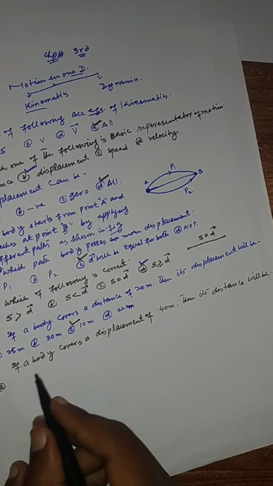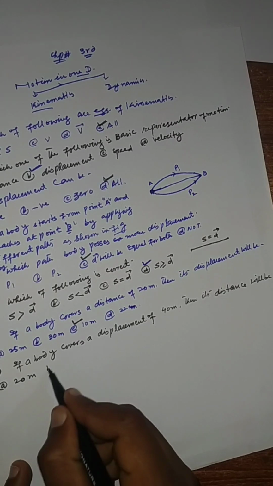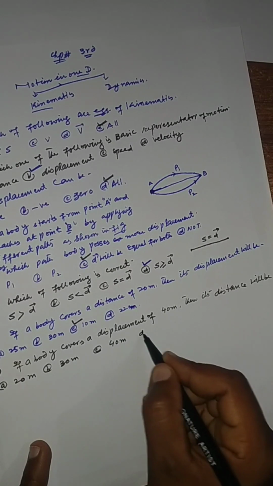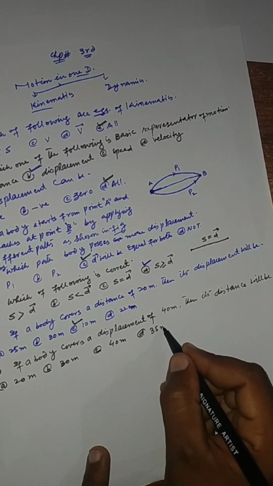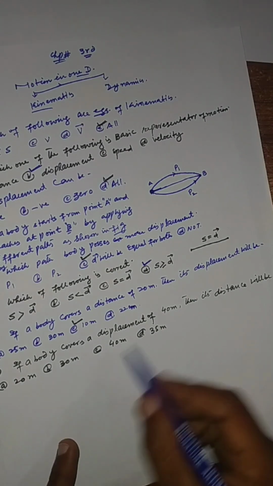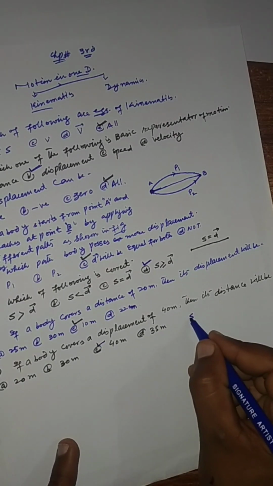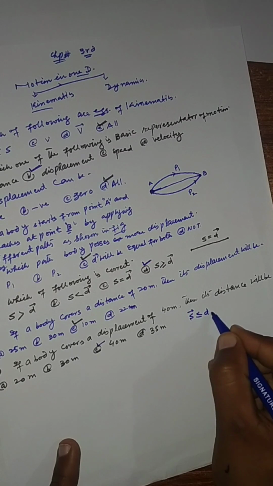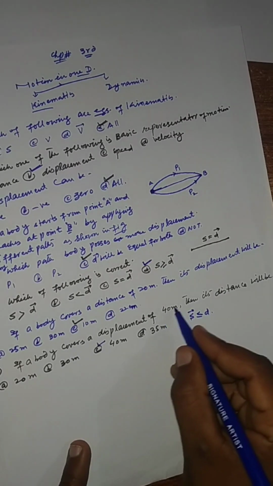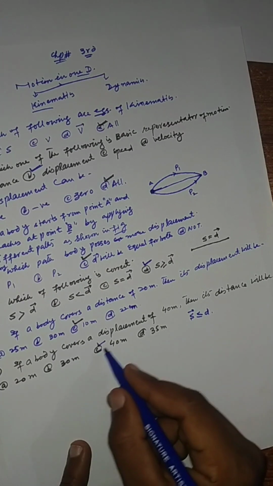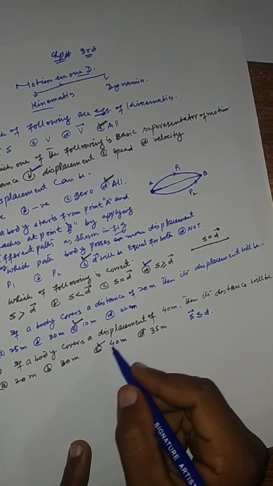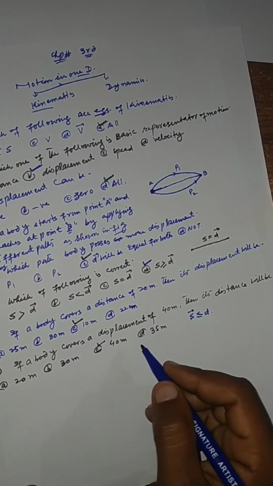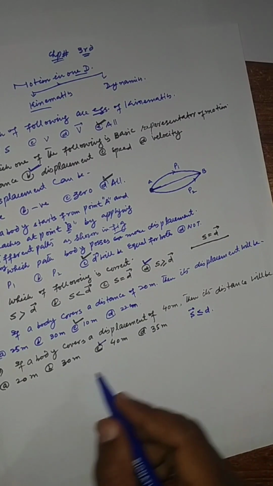Let's say distance will be 20 meter, 30 meter, 40 meter, or 35 meter. Then the correct option will be 40 meter, because displacement can be less than or equal to distance. So displacement is 40, so distance will be equal to it, because distance can never be less than displacement. So that's why the correct answer will be 40. Okay.